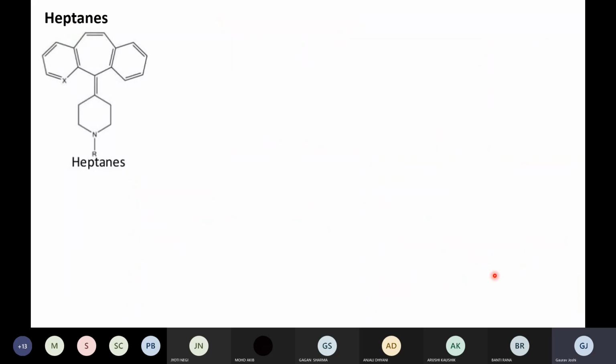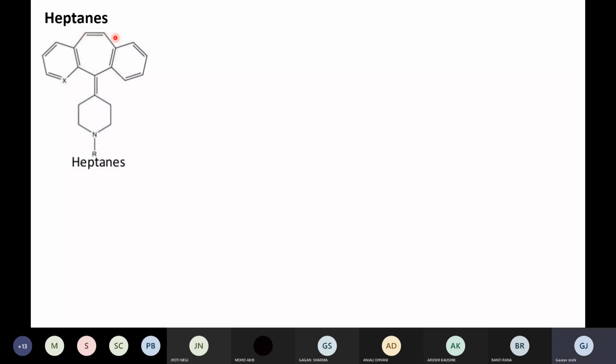Then we have again very lipophilic molecules called the heptanes. Why is this called heptane? Anybody can tell? What do you mean by heptane? Basically, heptane is a 7-membered ring system.